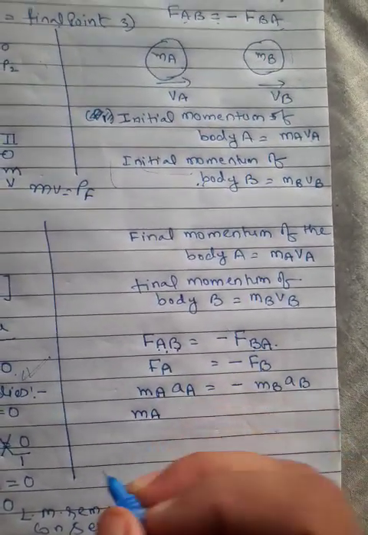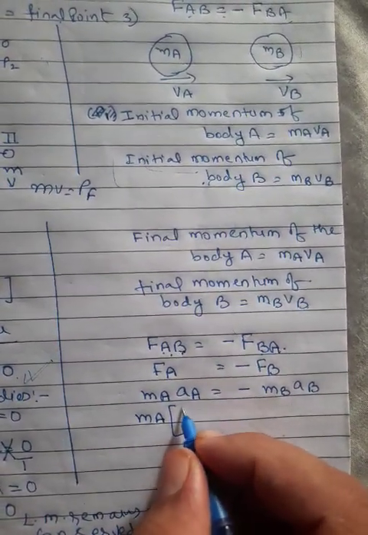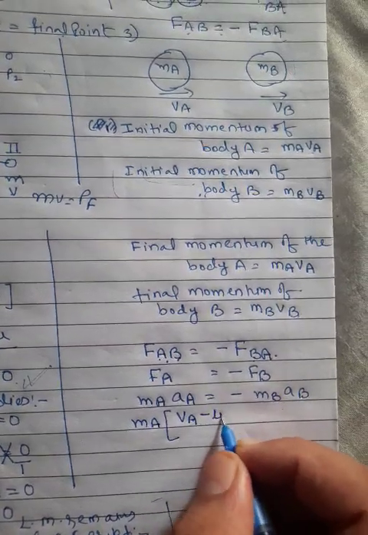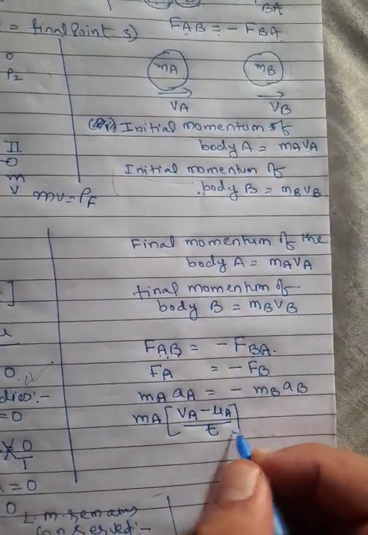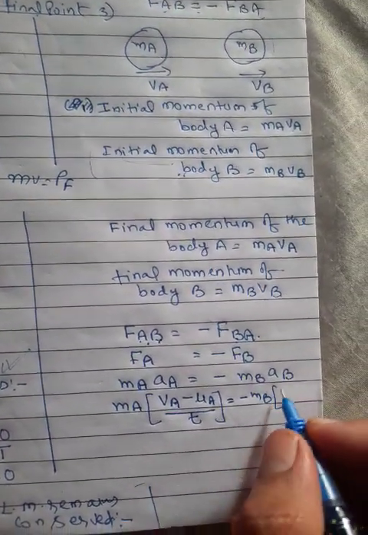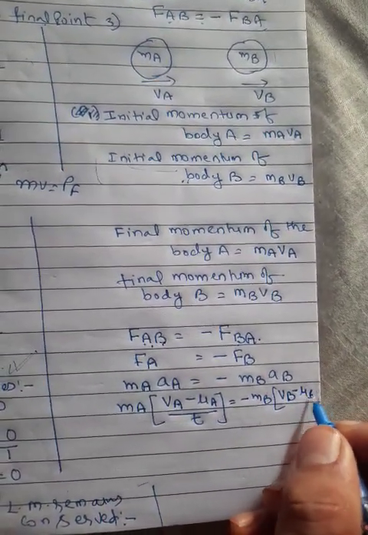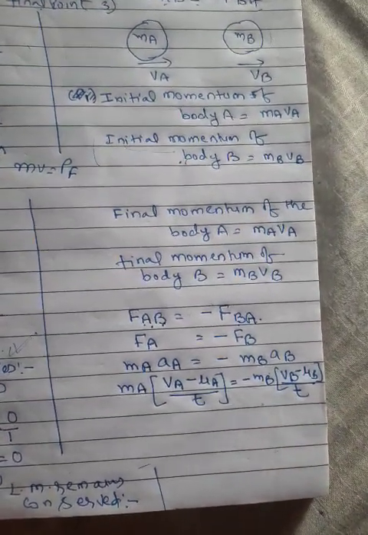Apply the acceleration formula, means final velocity minus initial velocity upon time. So same thing, minus MB, final velocity of B body minus initial velocity of B body upon time.